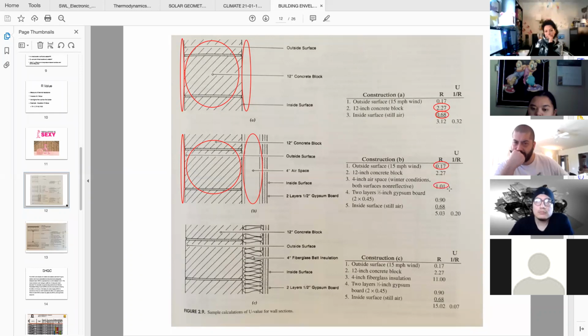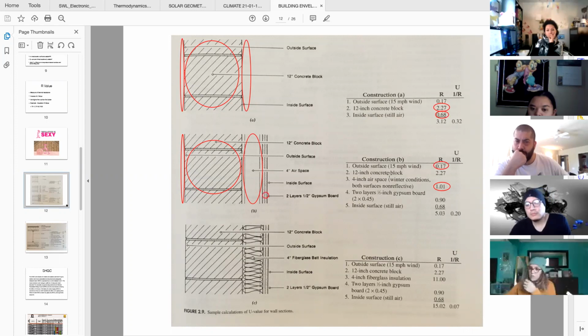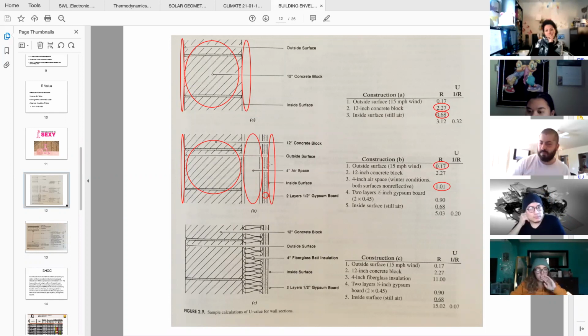So we get this factor for that air, and then 2 layers of drywall and the inside air surface. When looking at the performance of this overall wall, even with the studs spaced 16 inches on center, they're still considered an airspace for the calculation of just the assembly.